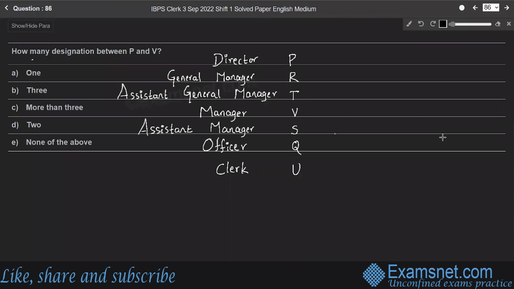Question 86. How many designations between P and V? So between P and V, between director and manager, there are 2 designations, general manager and assistant general manager, right? Therefore, option D is the right answer.